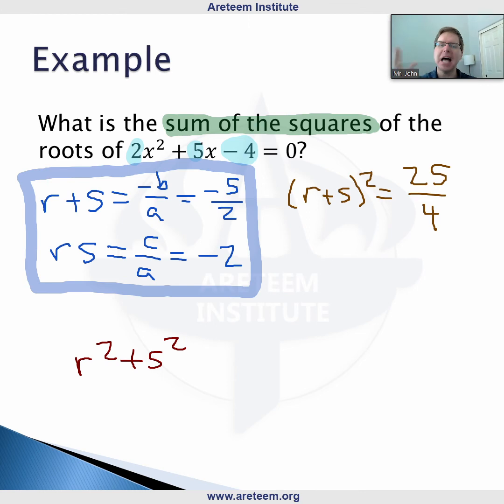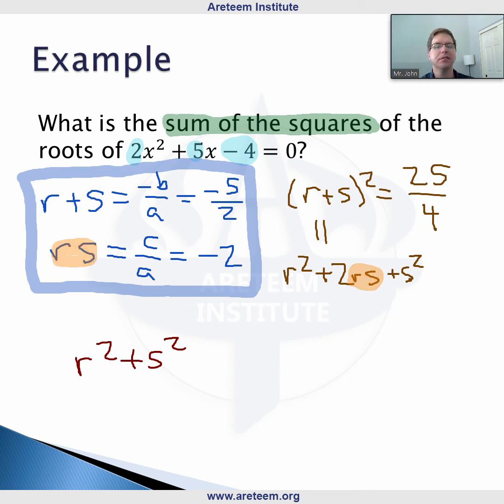Note this is not equal to the sum of the squares, right? Because remember, this is equal to r squared plus 2rs plus s squared. So it's not quite what we're looking for there. But wait a second. The 2rs, that is actually our product, right? So we see our product showing up here.